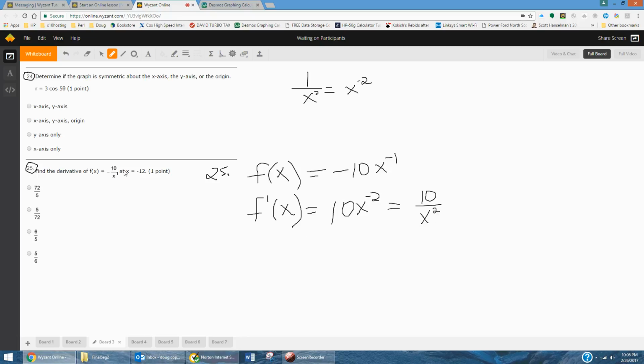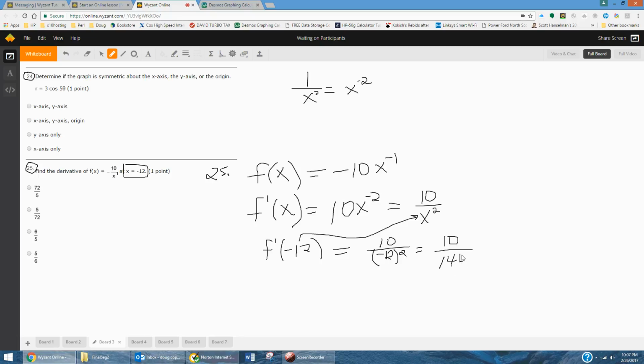So we're asked to find the value of the derivative when x equals negative 12. So I'm asked to find f prime of negative 12. So I'm going to take this negative 12 and plug it in for that x. 10 over negative 12, the quantity squared, is 10 over 144.